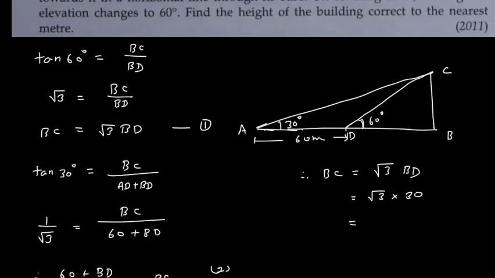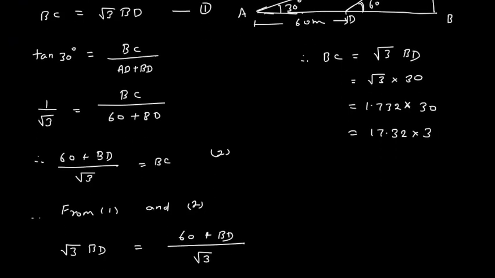Root 3 is 1.732, so 1.732 into 30. This is 17.32 multiplied by 3, which gives 51.96. The value of BC is 51.96 meter.